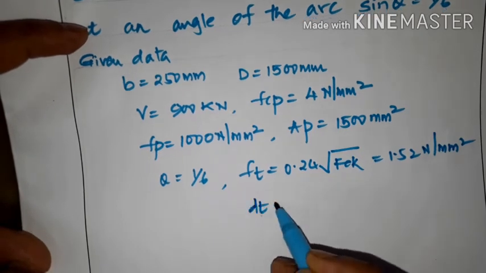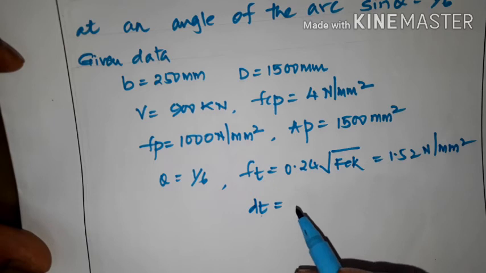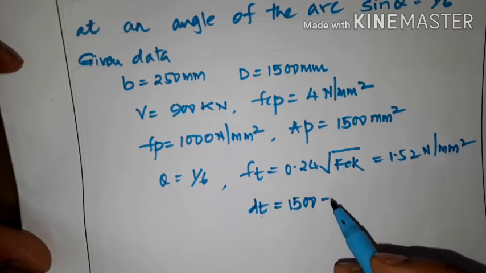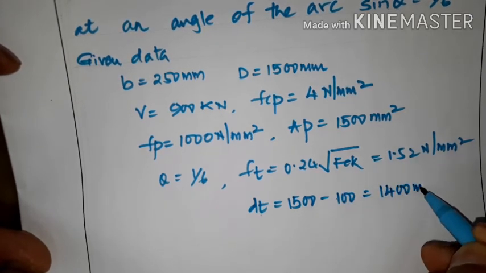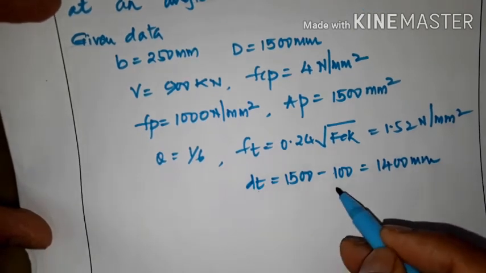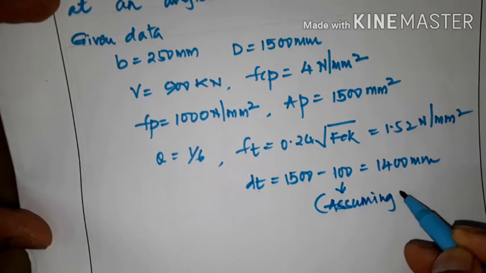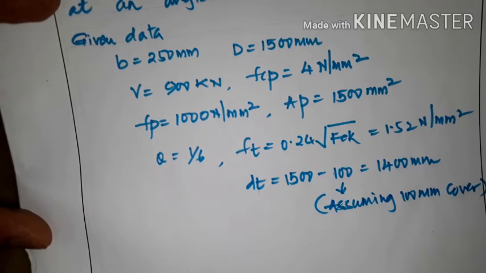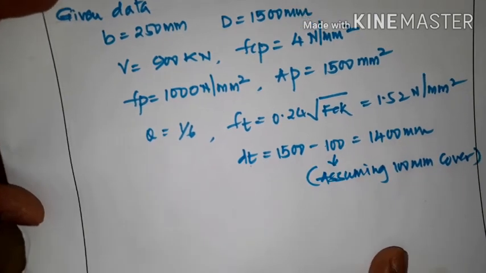And the dt is given as 1500 mm minus 100 mm cover, assuming 100 mm cover, I think it is not given in the problem, so that is 1400 mm.